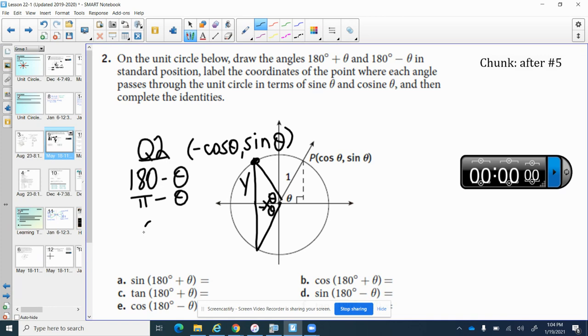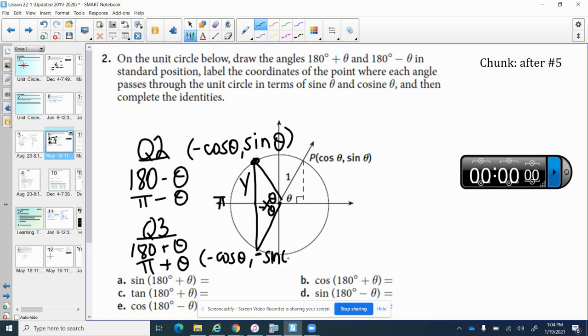Quadrant 3, on the other hand, we know is 180 plus theta, or pi plus theta since we're beyond 180 slash pi right here on our negative x-axis. Now down here, our cosine and our sine are both negative compared to what they were back in quadrant 1.